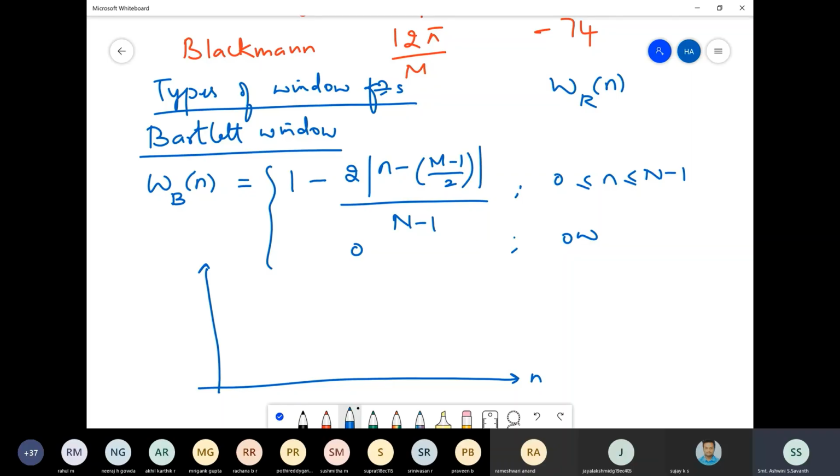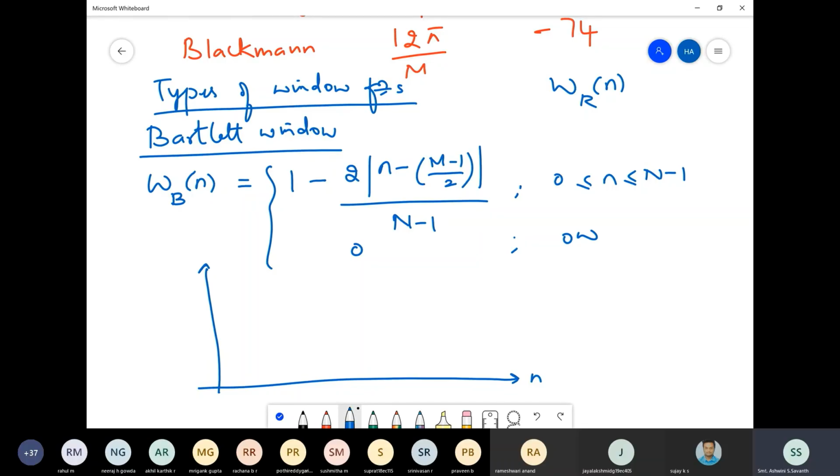Now the rectangular window is like suddenly stopping the remaining samples in HD of n, or truncating those values in HD of n. This results in ripples in the passband and the stopband, which is called the Gibbs phenomenon, which I had told you before.